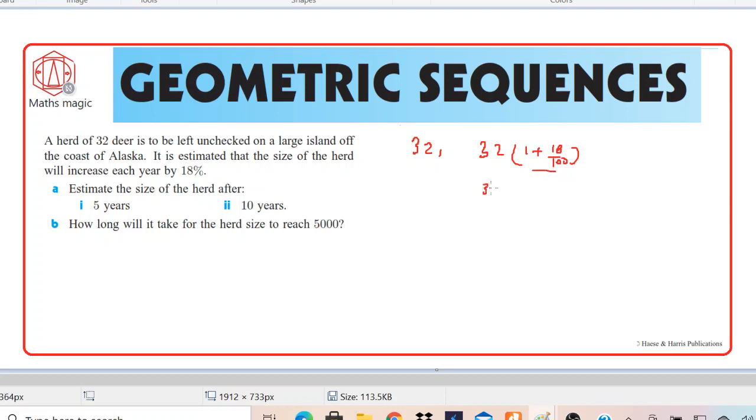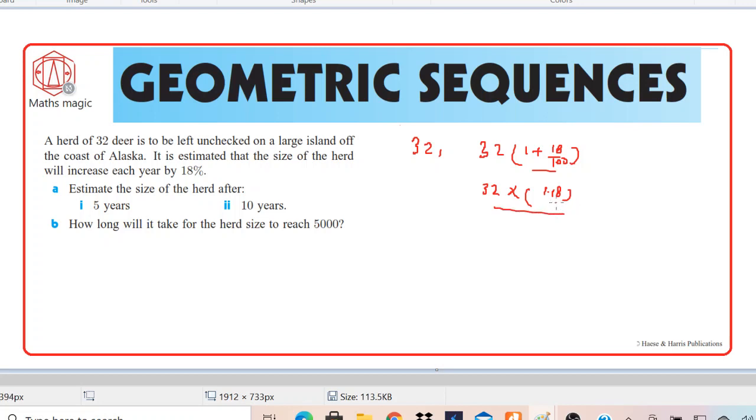So it's going to be 32 times 118 upon 100, which is 1.18. Now to find the next value, what will happen when it goes to the next year? It's going to be 1.18 times this value again.